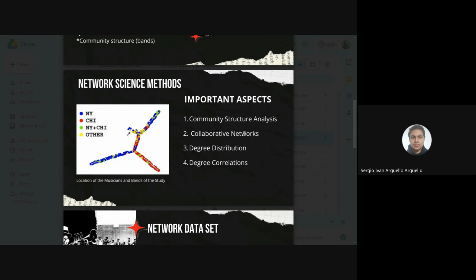And in this, they explain the two levels of networks, the network of the musicians and the network of bands. They use the degree distribution for finding a power law tail in the musicians. And finally, they use the degree correlations to understand the connection preference between high degree nodes.